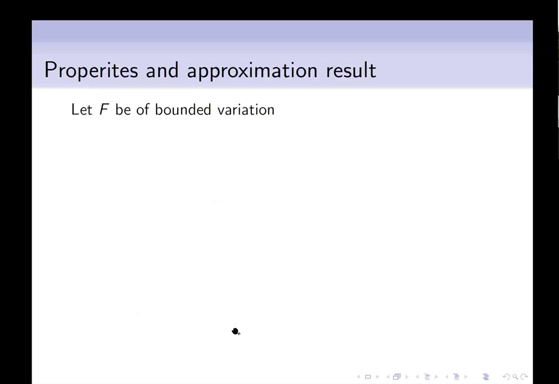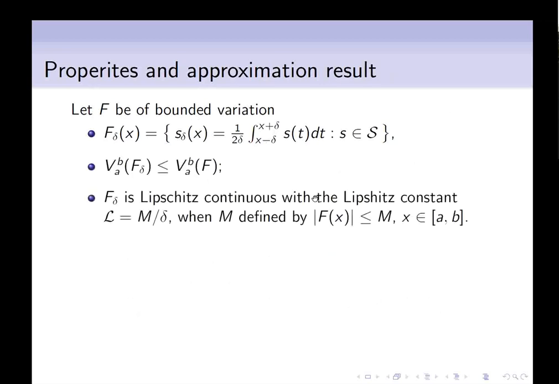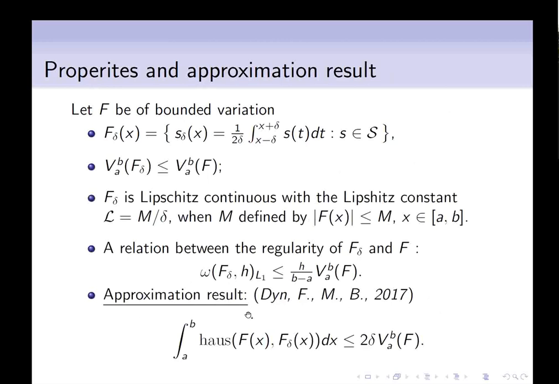Following properties of the metric integral, we show that it can be represented by Steklov functions of metric selections. We have some nice properties. And here is the approximation result, which was obtained in collaboration with the random partition.